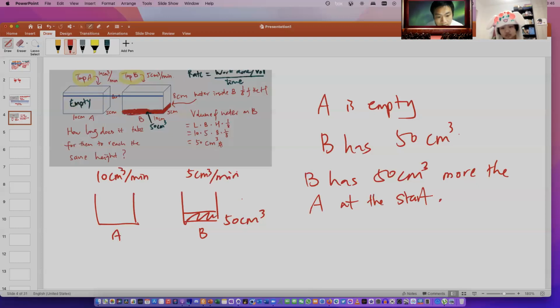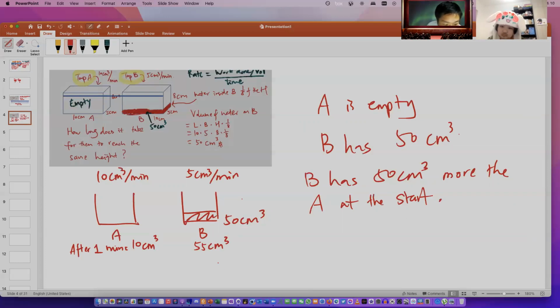Let's start. After 1 minute, tank A will be 10 cm cube, tank B will be 5 plus 50, which is 55.